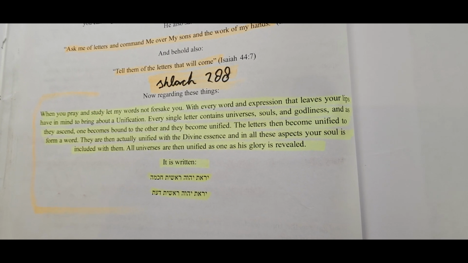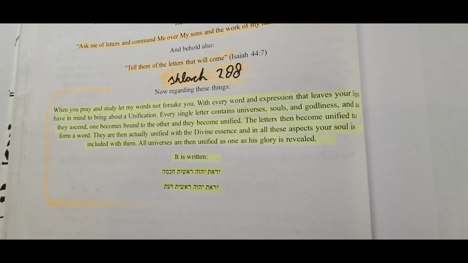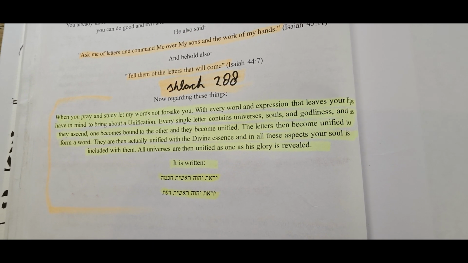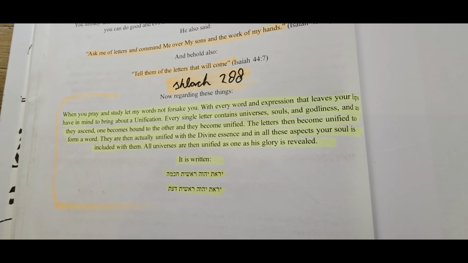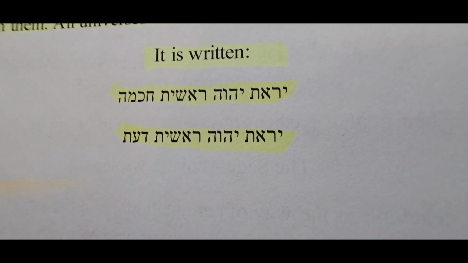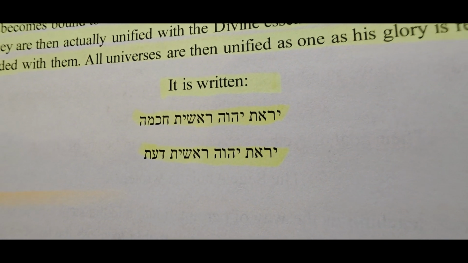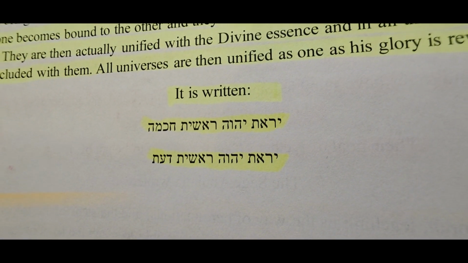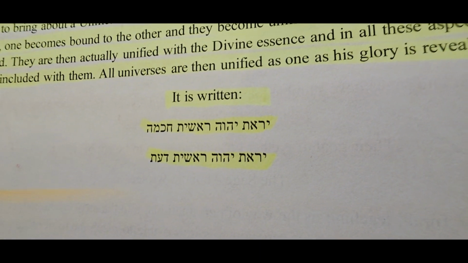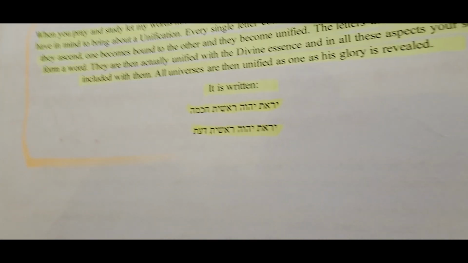They are then actually unified with the divine essence, and in all these aspects your soul is included with them. All universes are then unified as one, as his glory is revealed. It is written, Yirat Hashem Rashit Chochma, Yirat Hashem Rashit Das. Yirah, the fear of Hashem, the awe, admiration of Hashem, is the beginning of wisdom and the beginning of knowledge.